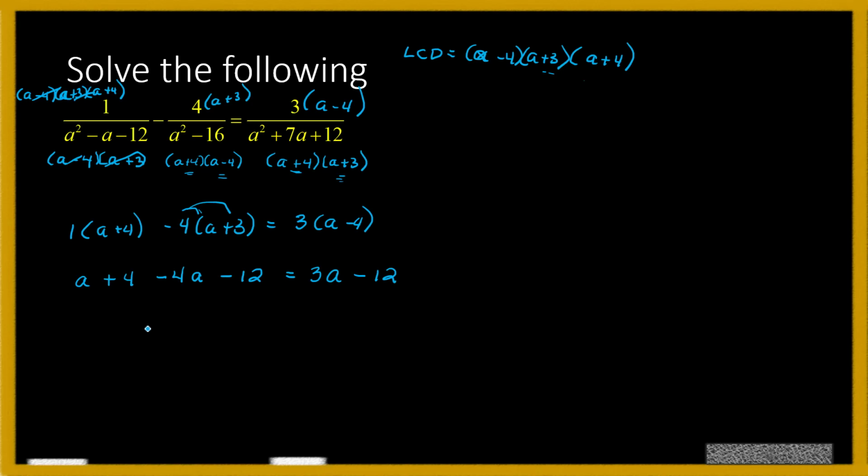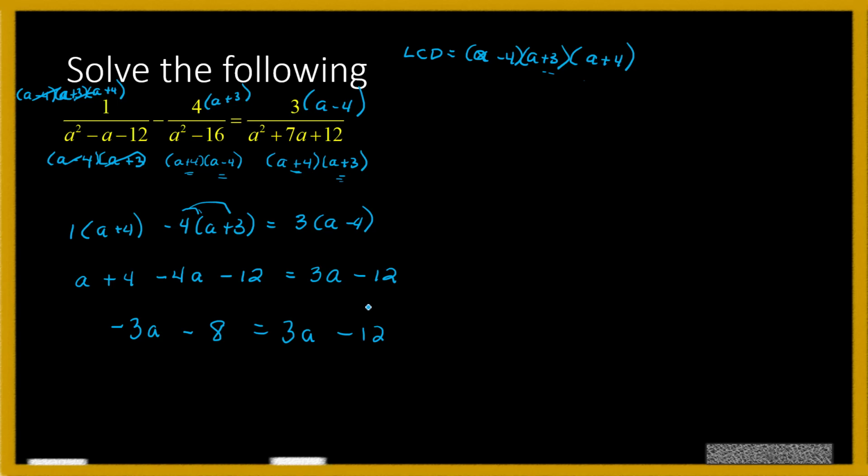Now let's continue simplifying the left side. A minus 4a is negative 3a. Positive 4 minus 12 gives me minus 8, which is equal to 3a minus 12.